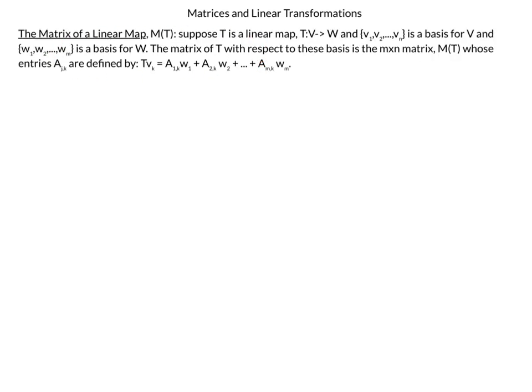So here for your reference, I have the notes on the matrix of a linear map. And we are going to use this example that we saw in our overview slide, where the transformation is going from F2 to F3. In other words, a 2-dimensional vector, T of x, y, and that'll give us a 3-dimensional vector, which is x plus 3y, 2x plus 5y, and 7x plus 9y.